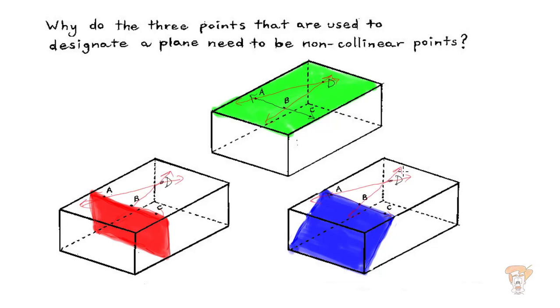And only the green plane contains points A, B, and D. Therefore, representing the green plane as plane ABD will not confuse it with the red plane or the blue plane.